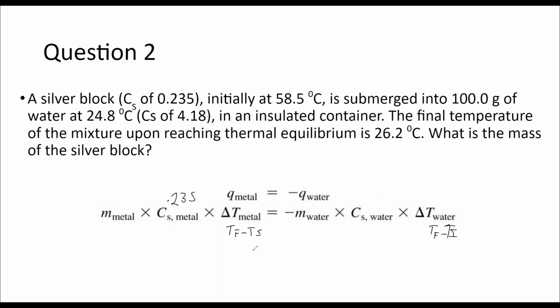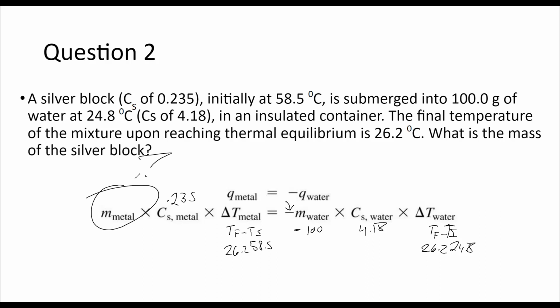Initially, the silver's at 58.5. We submerge it into 100 grams of water. So that's my mass of the water. Do not forget the negative sign, otherwise this equation won't work. And the water is initially 24.8. The water has a CS of 4.18. The final temperature of the mixture is 26.2, so that's going to be the same in both. What is the mass of the block?